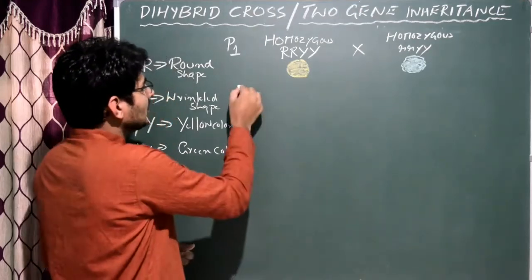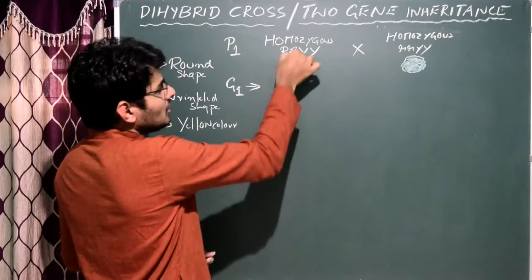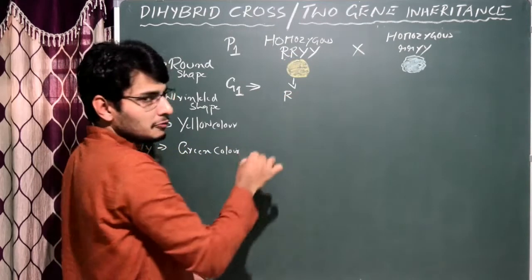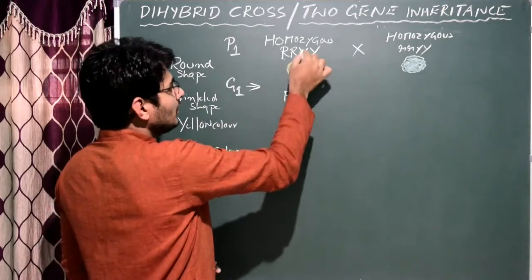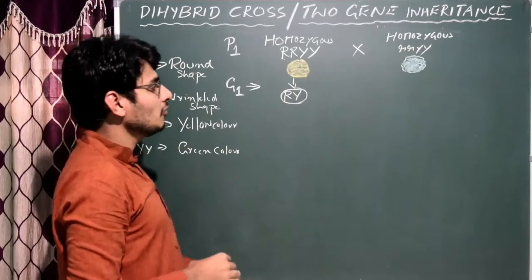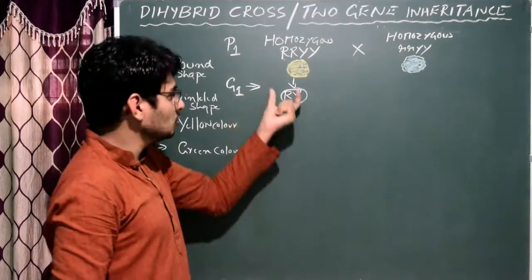Let us take the gametes now. I'll write G1. The possible gamete: from the R alleles you take only one R, which goes into one gamete, and only one Y goes to the same gamete. So that means R and Y. This gene is different for a particular character, and there are two characters.